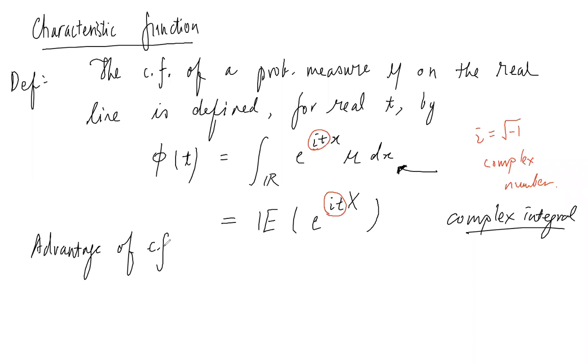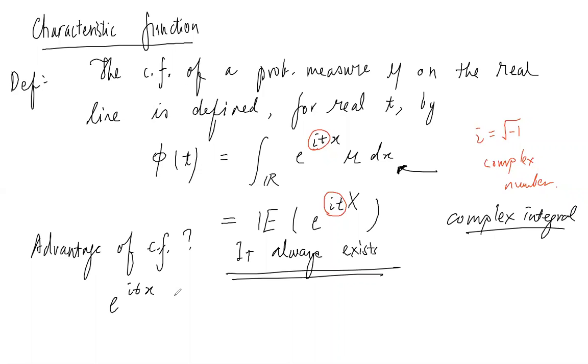Okay. So what's the advantage of the characteristic function? It always exists. Why does it always exist? The reason is because your e to the itx is bounded.